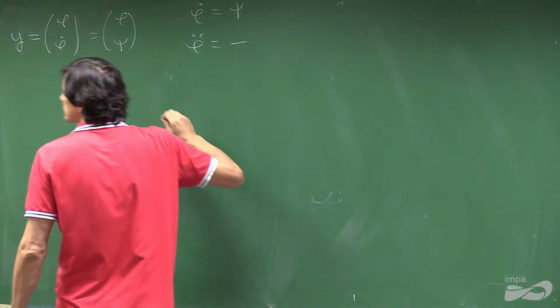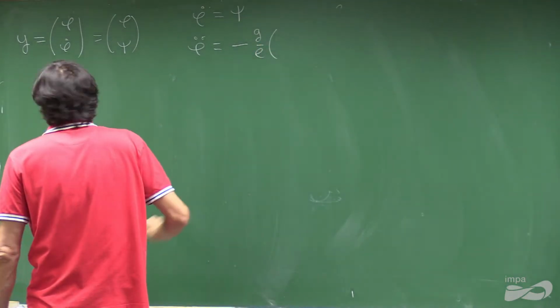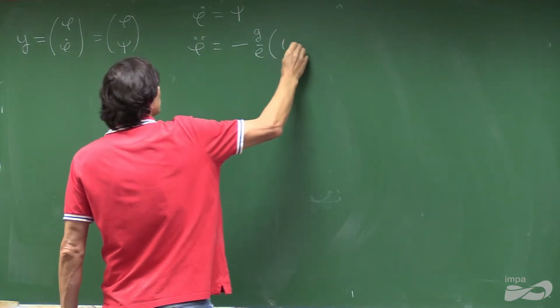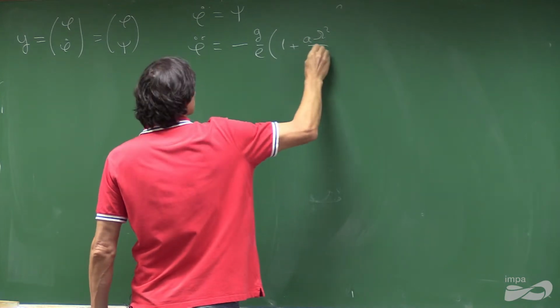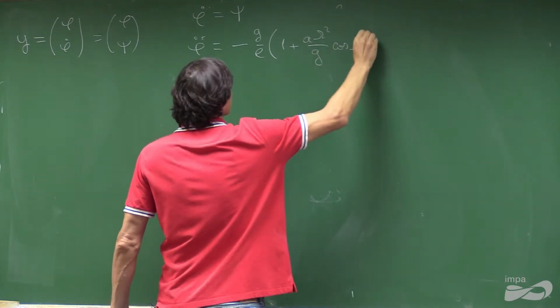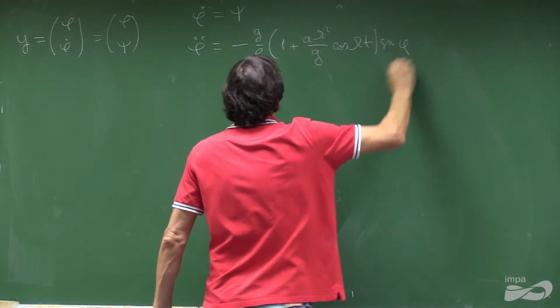So it's minus g over L times 1 plus a omega squared over g, times sin omega t, times sin phi.